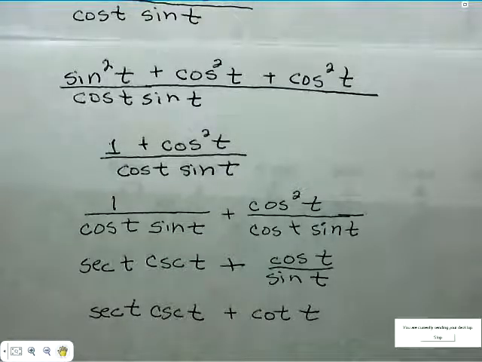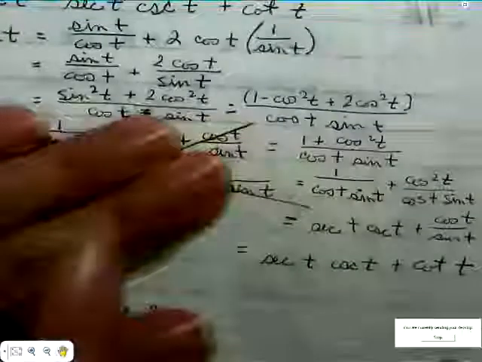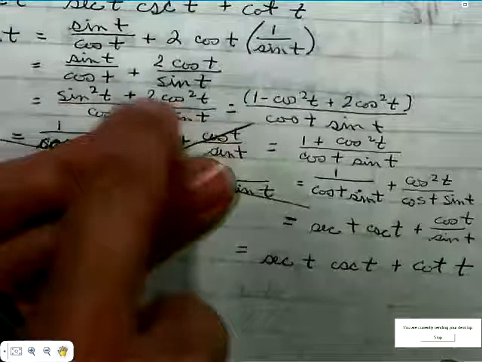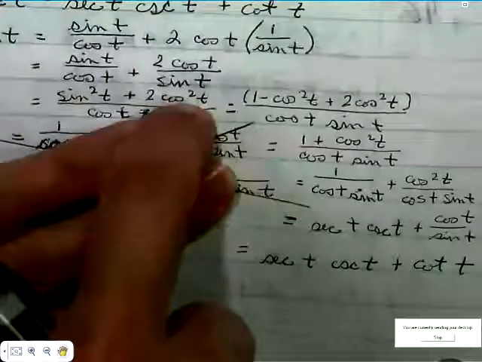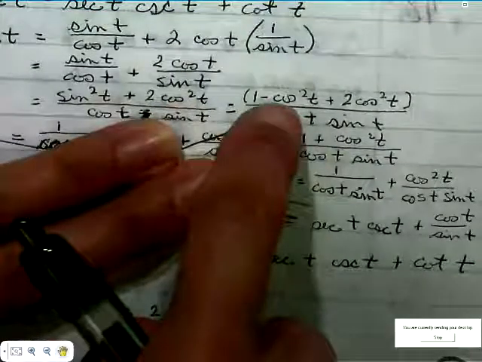What did I do on this one? I ended up marking out. Oh, I see. Excuse me. I immediately, when I saw sine squared and cosine squared, I did think of a Pythagorean identity. I put 1 minus cosine squared in place of the sine squared.